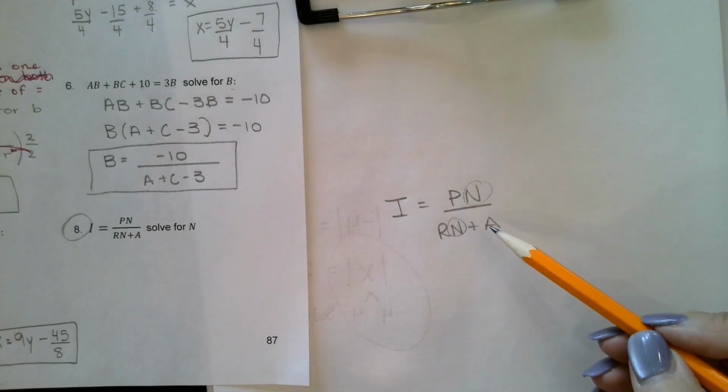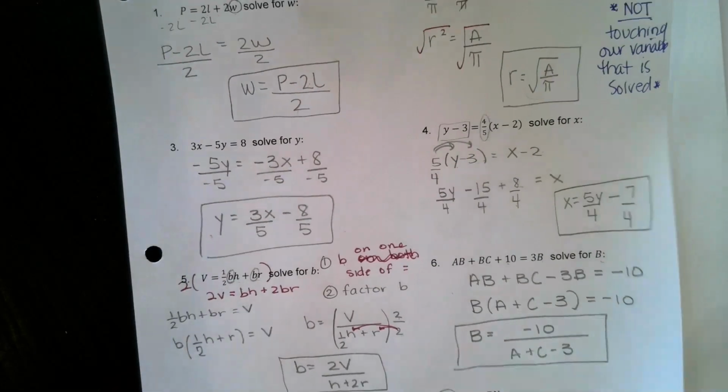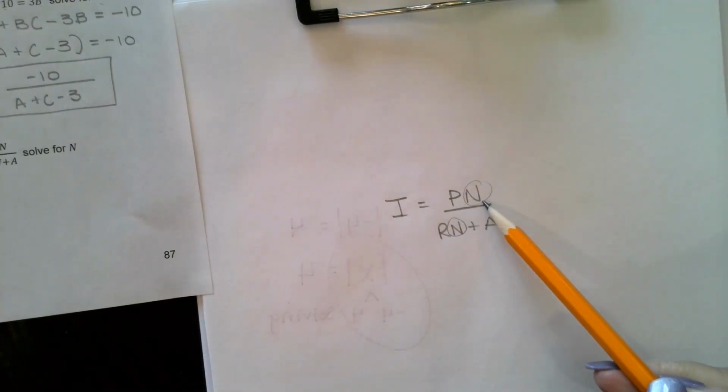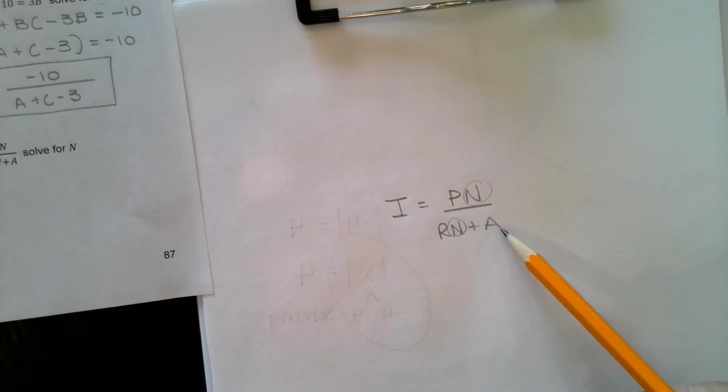Well, unlike these two b problems that we had here, where I can factor out a b, I can't factor out an n. I can pull an n out of the top. I can pull an n out of this part of my denominator, but I have this A. I can't pull an n out.